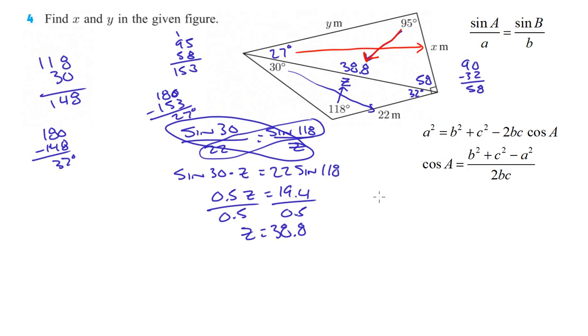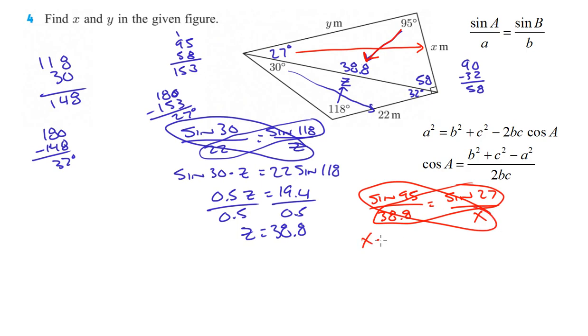So let's do that. Let's do sine of 95 over 38.8, that's what I'm trying to do, equals sine 27 over x. Cross products, away we go. X times sine 95 is going to equal 38.8 sine 27.